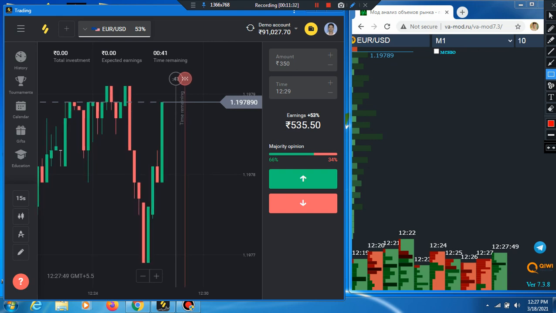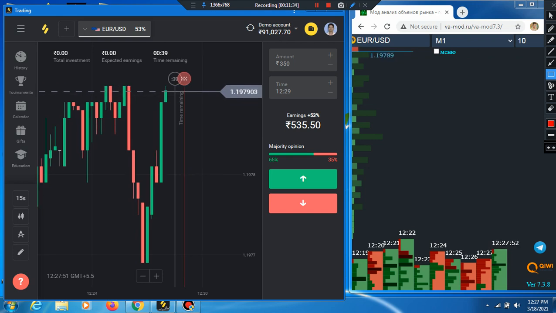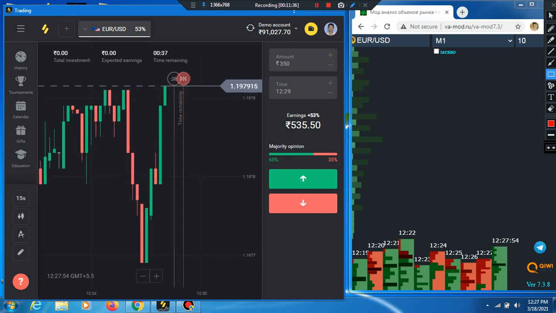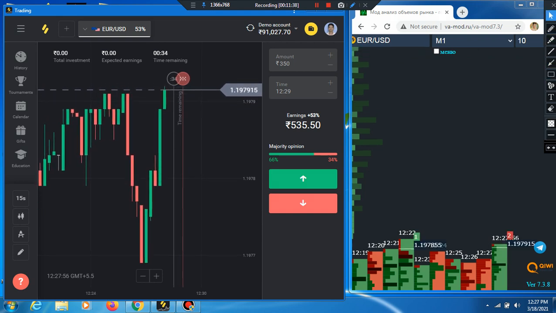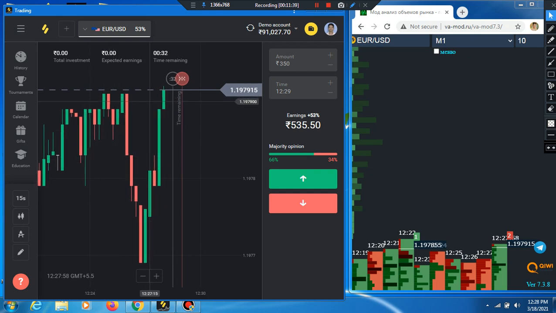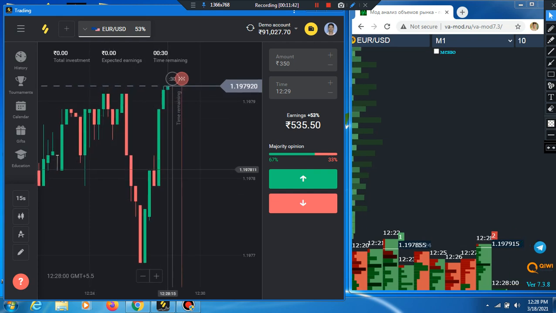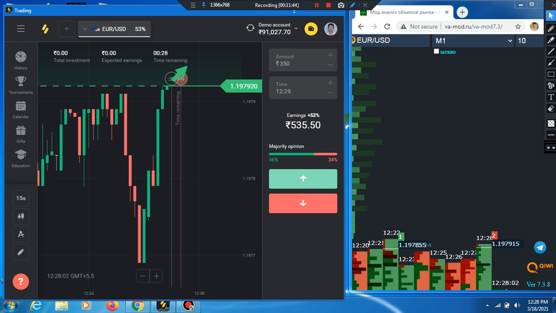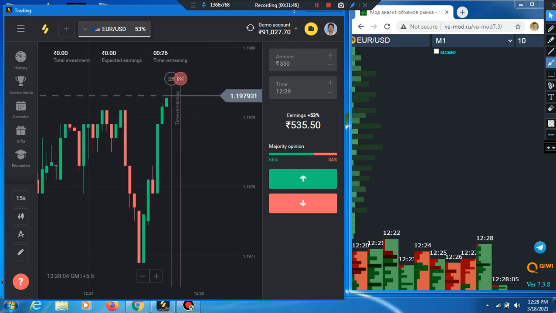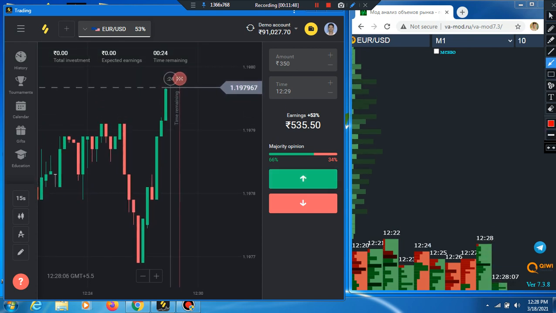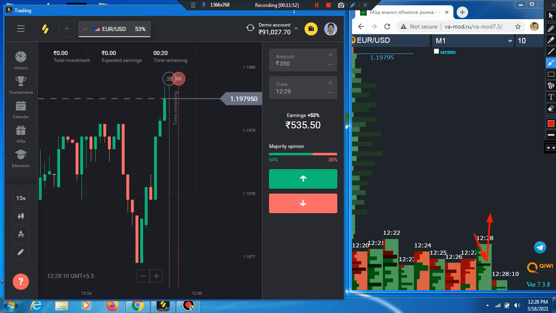Okay, look here always. Here is some POC formed here. Look here, also there is a level. Okay, but wait for this cluster, how the cluster will close, how it forms.